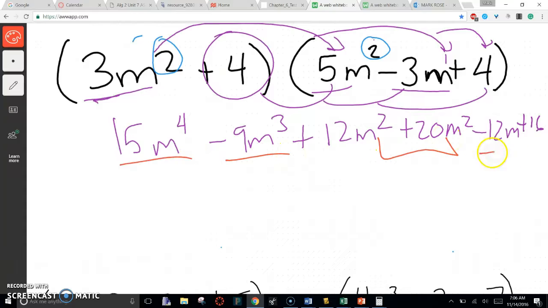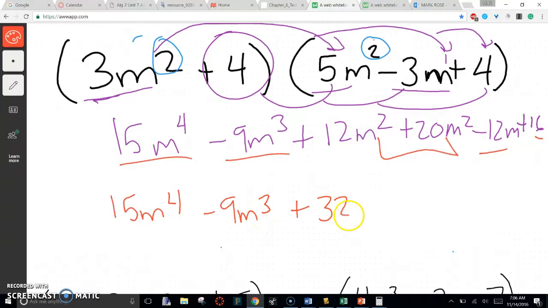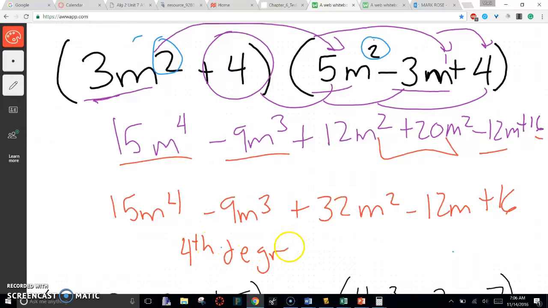These are the only 2 like terms. So our final answer would be 15m to the fourth minus 9m cubed plus 32m squared minus 12m plus 16. And we would call this a fourth degree 5-term polynomial.